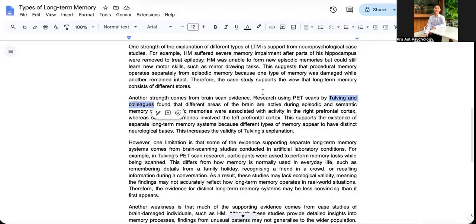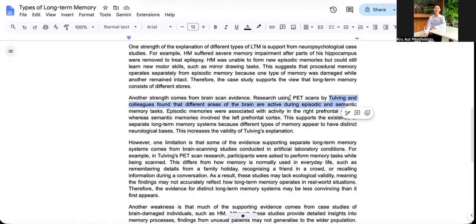If you wrote MRI and it's PET, then they're going to penalize maybe 1 mark because it's a wrong piece of detail. So if you say MRI, just say a group of researchers found that. In the real world of research, it's highly likely that there's a piece of evidence about using MRIs and finding that different areas of the brain are active. It's possible that it exists, but don't put the names in if you're going to make up studies.